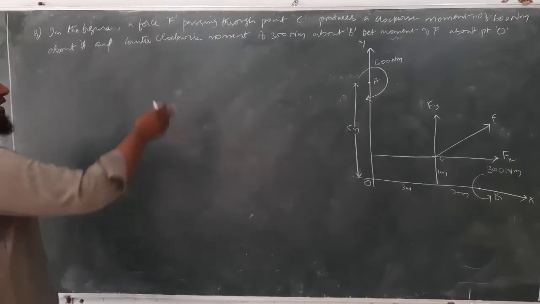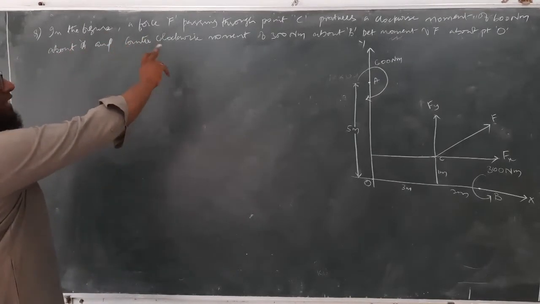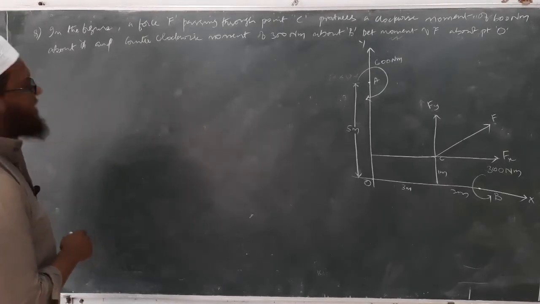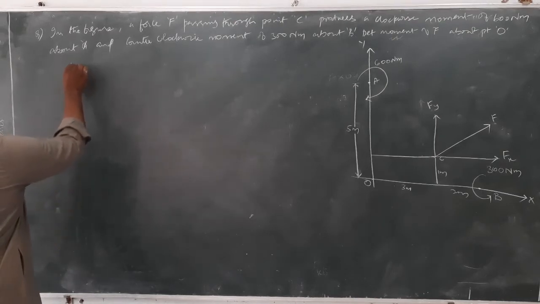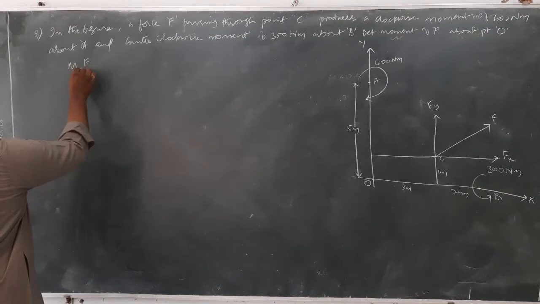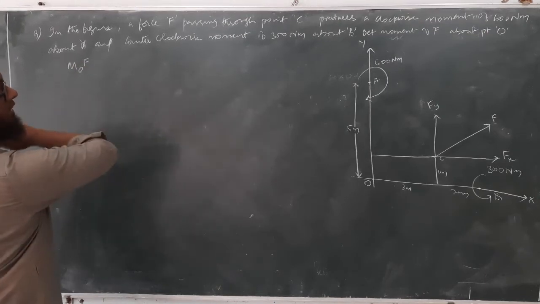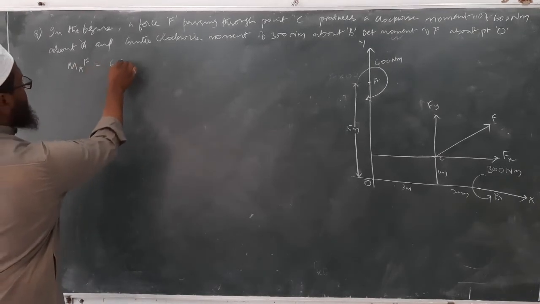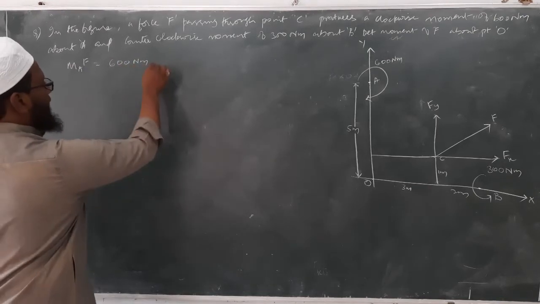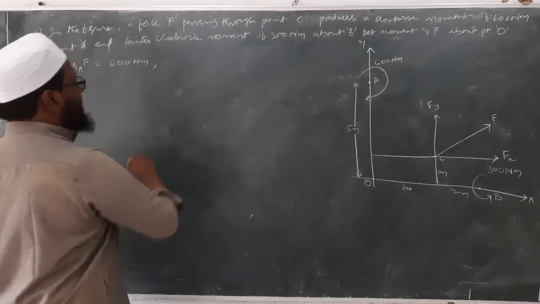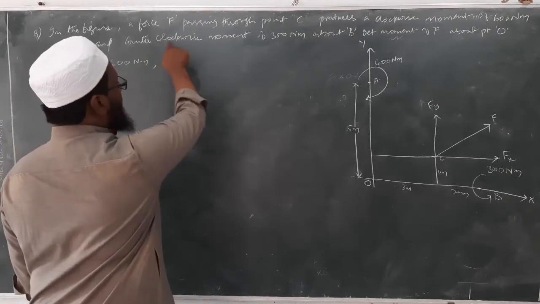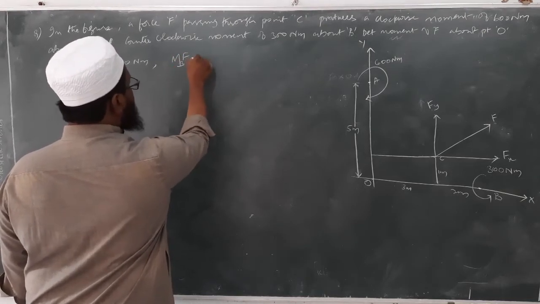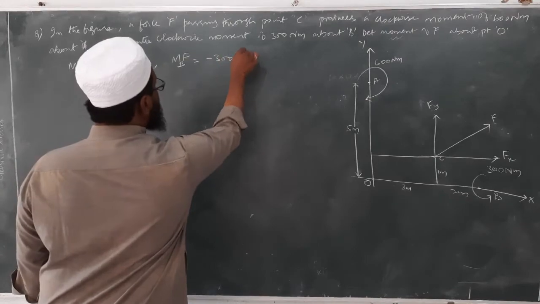So what are the things given in the question? See, in the figure, the force F is passing through point C, isn't it? It produces a clockwise moment of 600 Newton meter about point A, moment of F about point A, it is not O, is given as 600 Newton meter, and along with that in the question itself they have given a counterclockwise moment of 300 Newton meter about point B, that is moment of F about point B is minus 300 Newton meter.